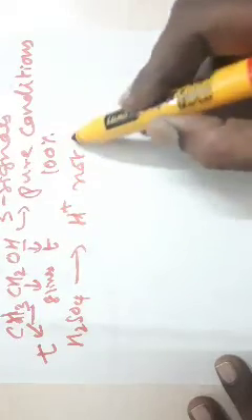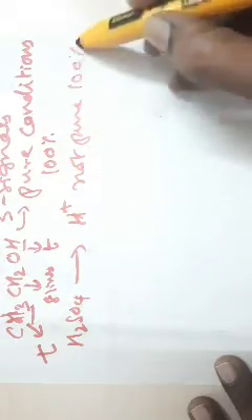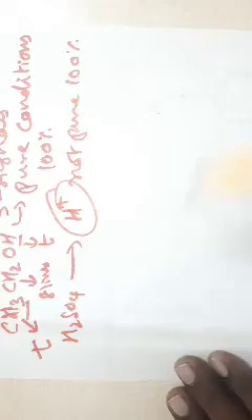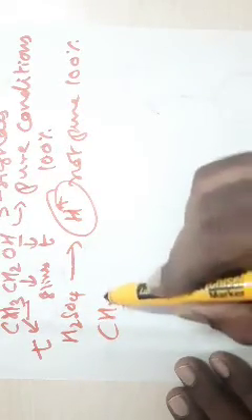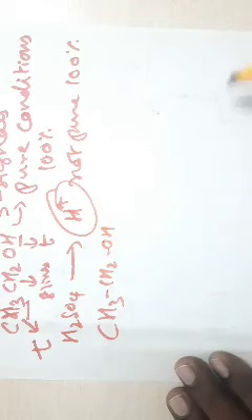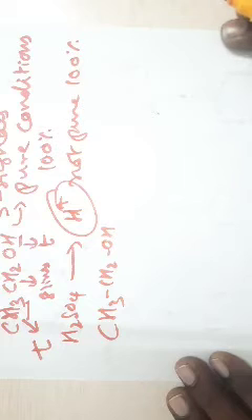So if the ethyl alcohol is not 100% pure, it may have an acidic impurity, H plus. If it has any acidic impurities, then what happens?